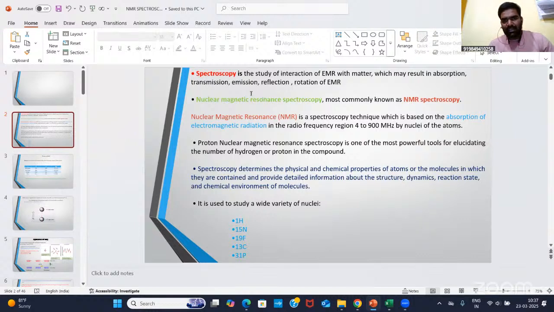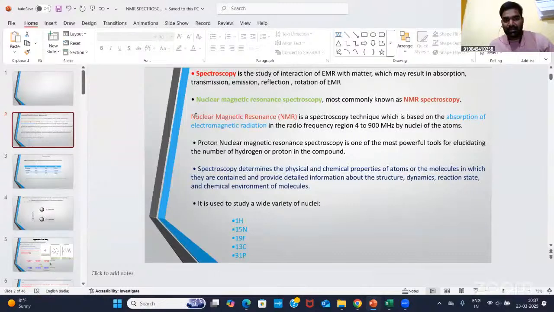Whenever electromagnetic radiation falls on the sample, it may be absorbed, transmitted, reflected, or rotated. When the sample absorbs the light, NMR occurs.